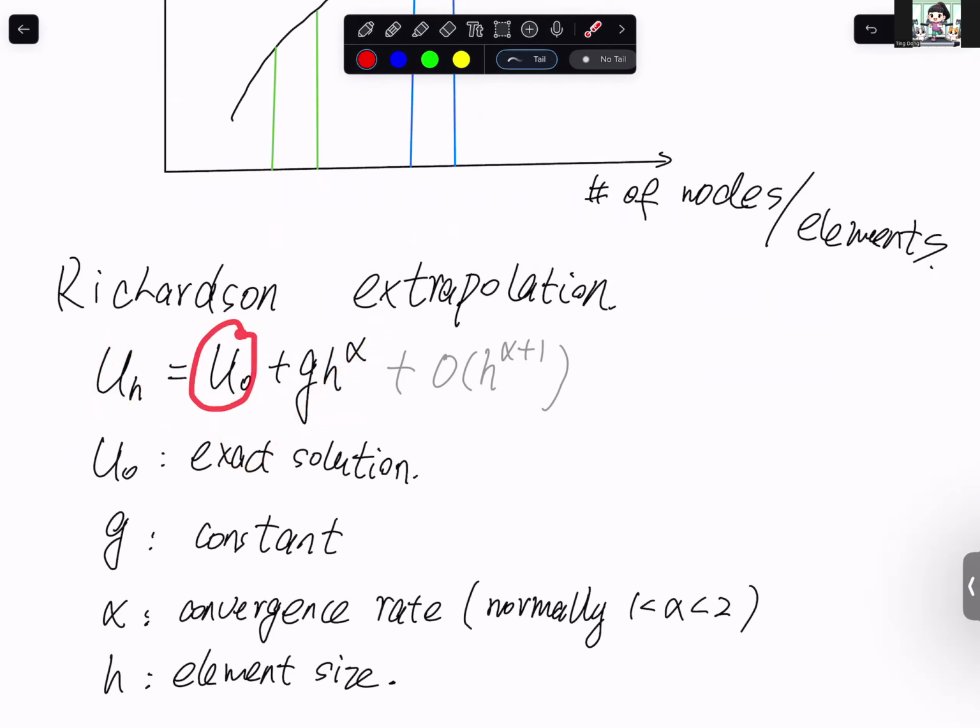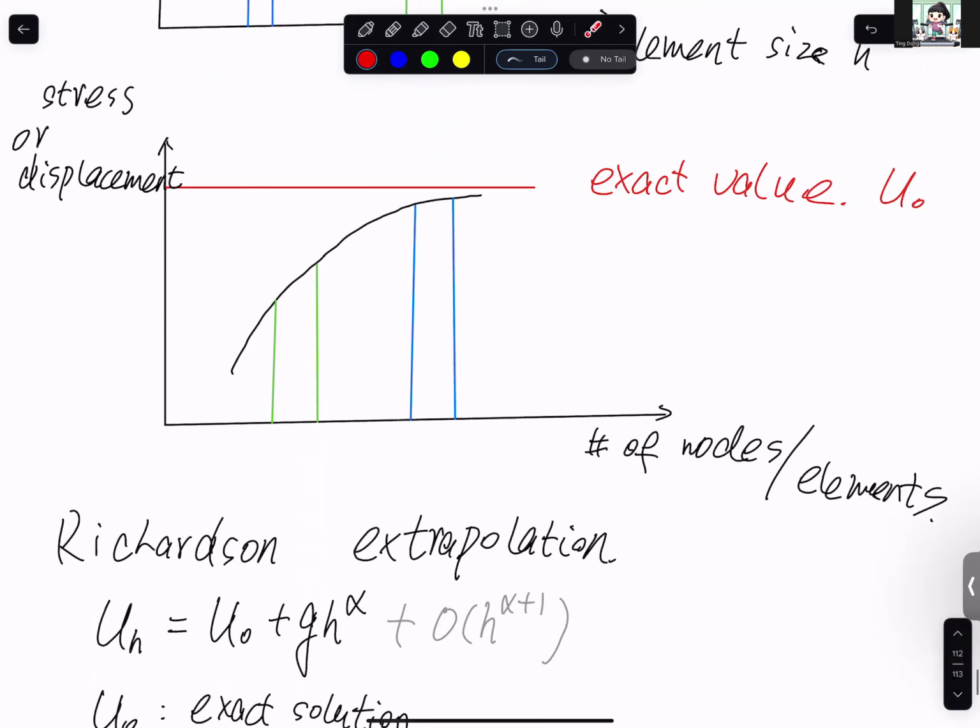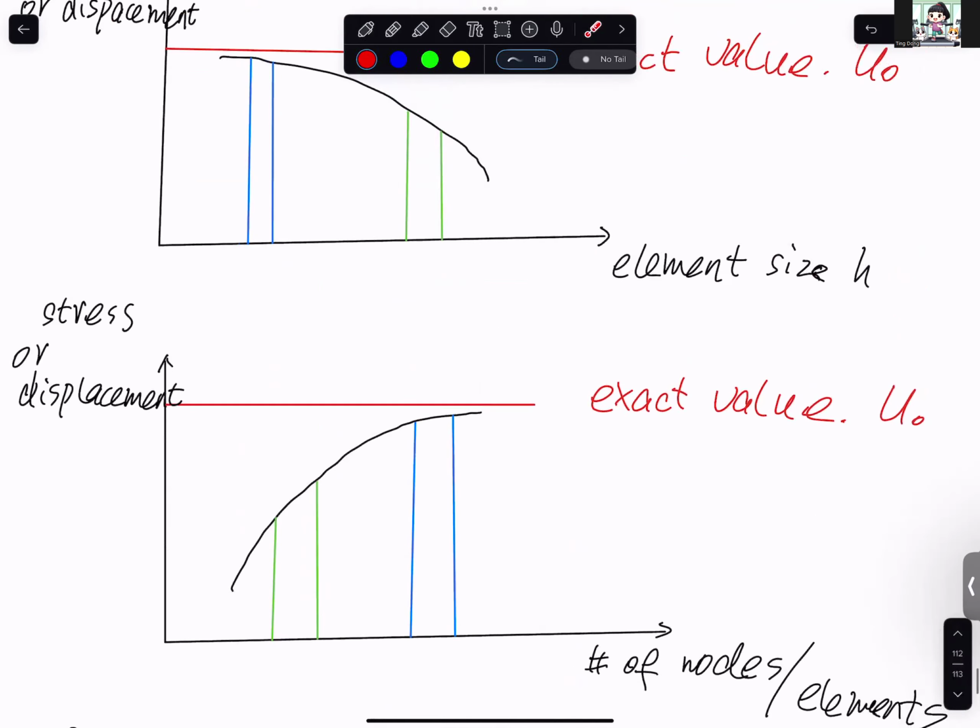And also sometimes if you need the convergence rate, you can find this one. This one you can calculate, but it does not really have any physical meaning. So this is why I said this saves you some time and effort after you graduate. Let's say you become a structural engineer doing FEA analysis.